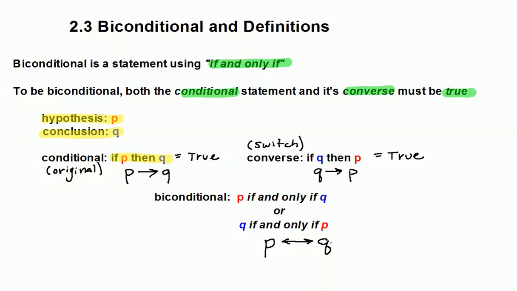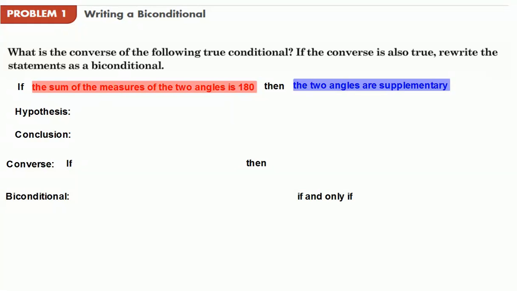All right. We're going to start with an example so you understand when to use these biconditionals. For problem 1, we're going to be writing a biconditional. What is the converse of the following true conditional? If the converse is also true, rewrite the statement as a biconditional.